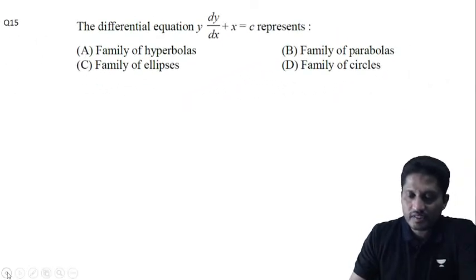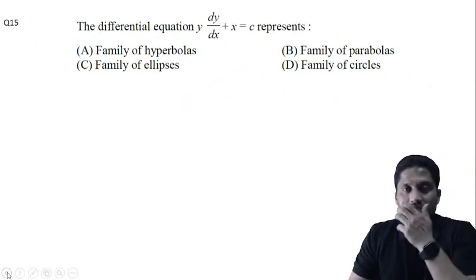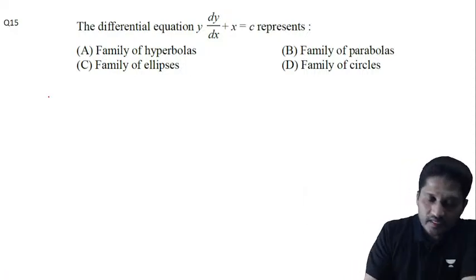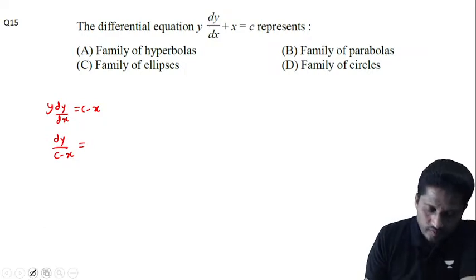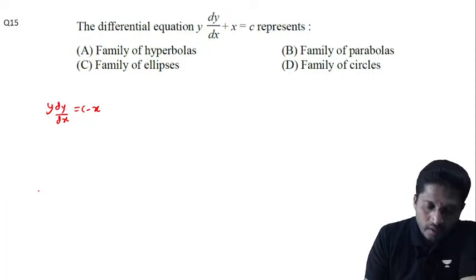The differential equation represents the curve. I can write y into dy by dx is equal to c minus x. I'll cross multiply this and separate the variables: y into dy is equal to (c minus x) into dx.